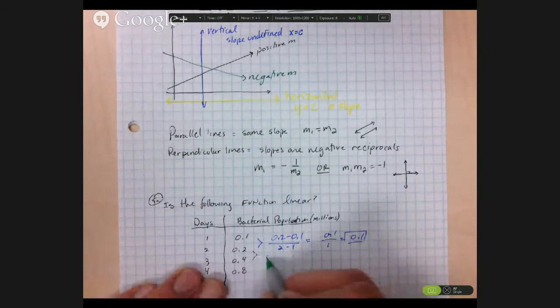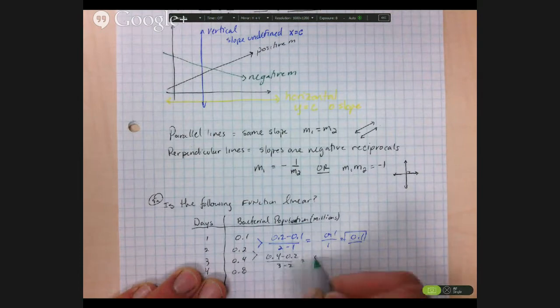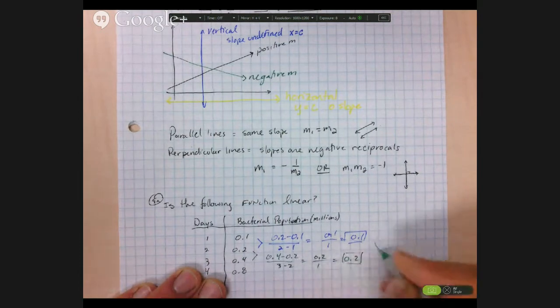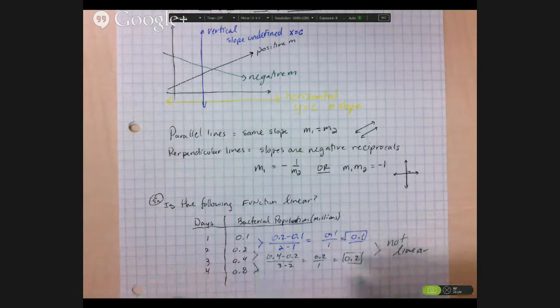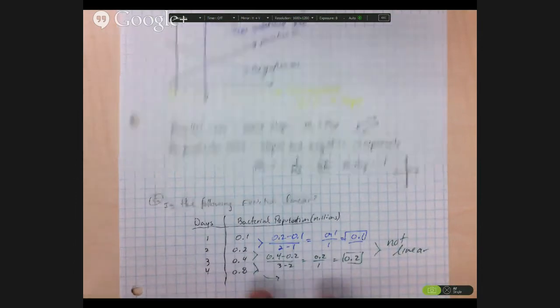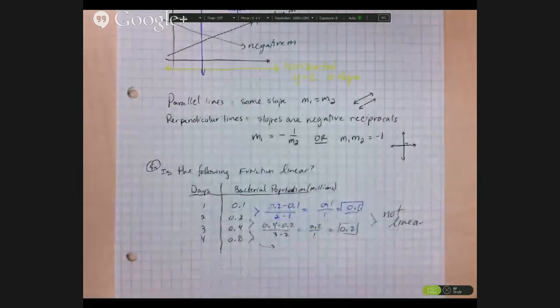For these two, we can see that it's not linear. These all have to match. If they matched, we would have to keep going, but we don't because they don't match. Okay, so we know that's not linear. It's actually an exponential model. In fact, population growth is very exponential.